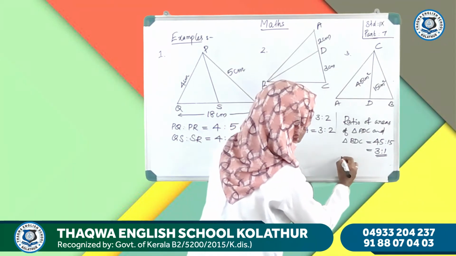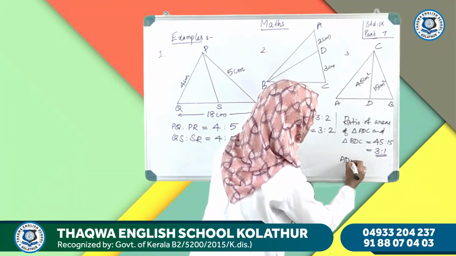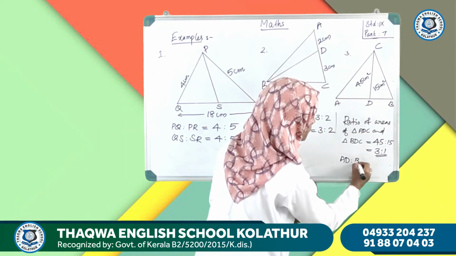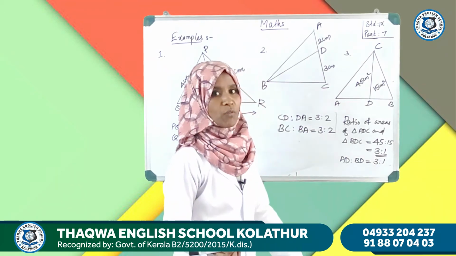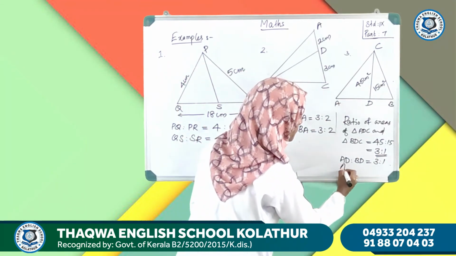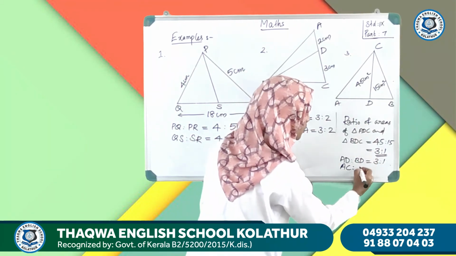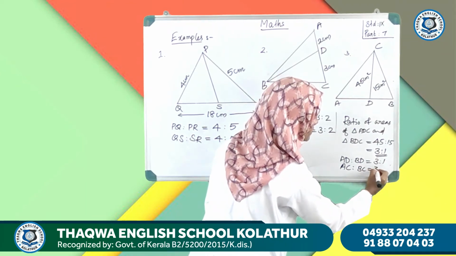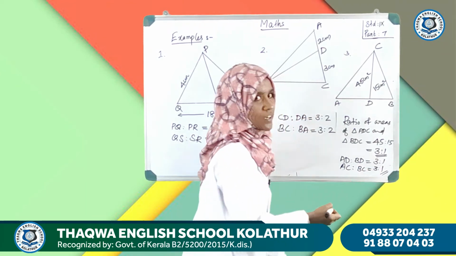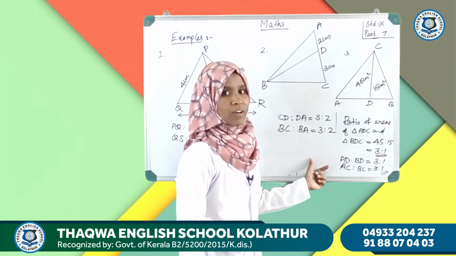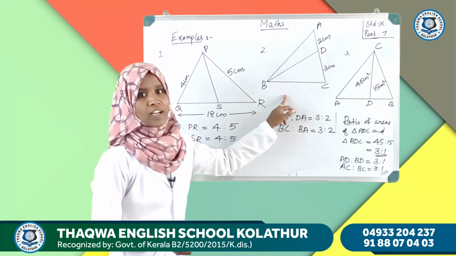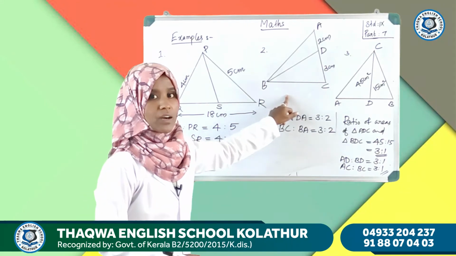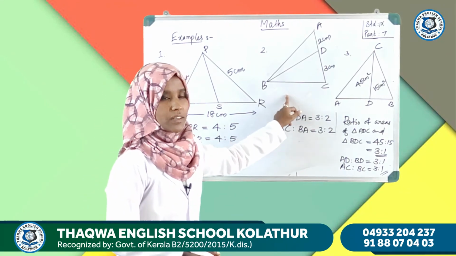Now also we can write AD is to BD, or DB, is 3:1, and also AC is to BC is 3:1. We can use our last two concepts by using our triangle division. Okay, can you understand?